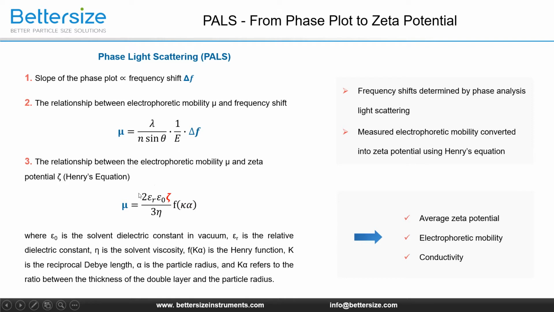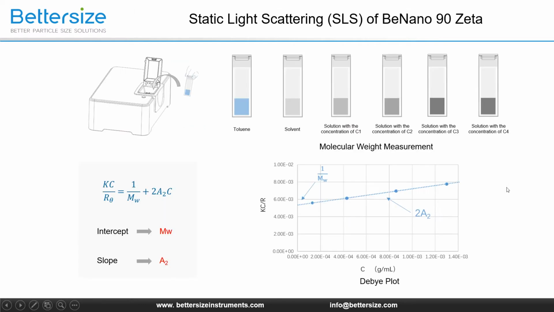Then Henry's equation relates the electrophoretic mobility to zeta potential. So the Binano 90 Zeta can provide parameters including average zeta potential, electrophoretic mobility, and conductivity. This is how the ELS design of the Binano 90 Zeta works.